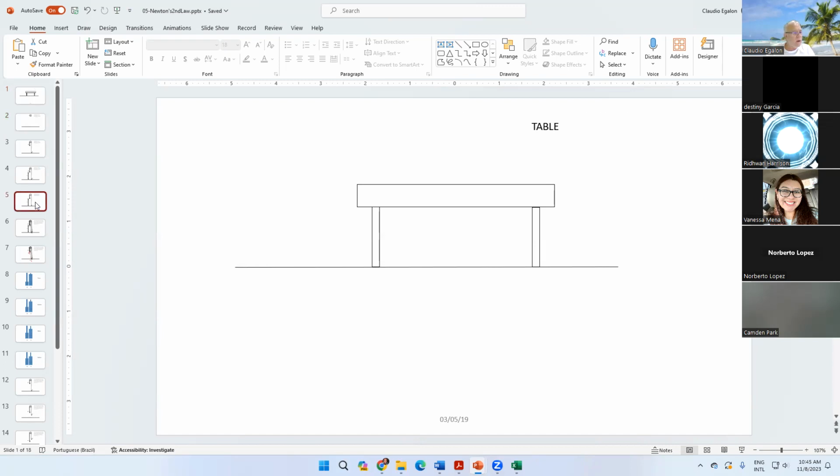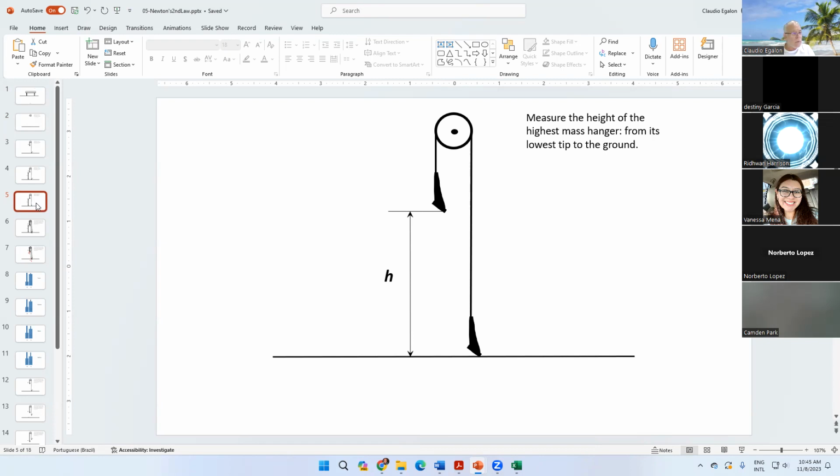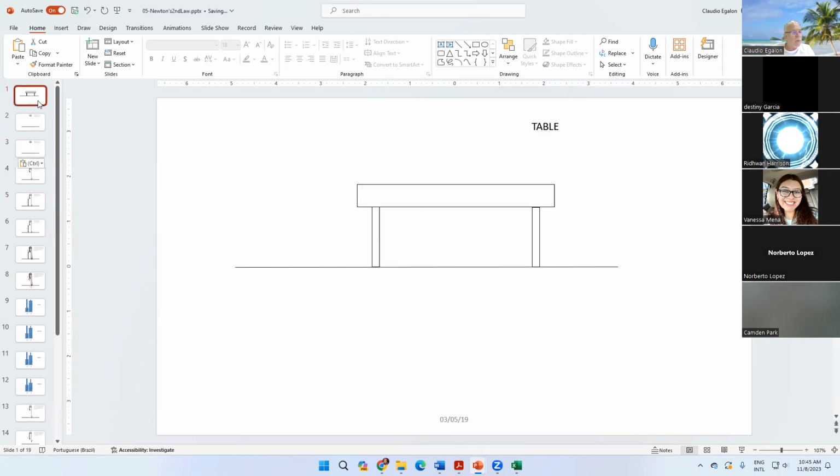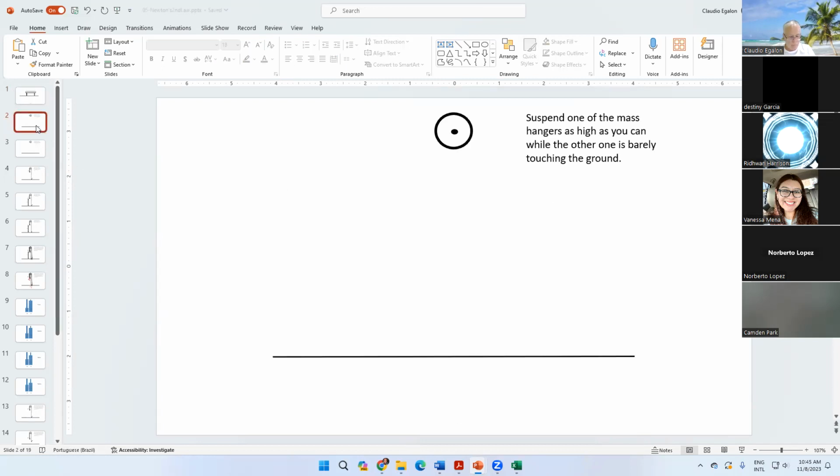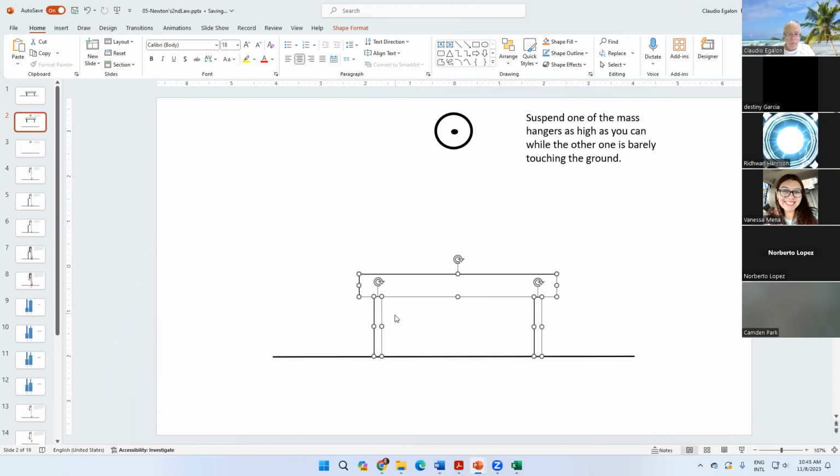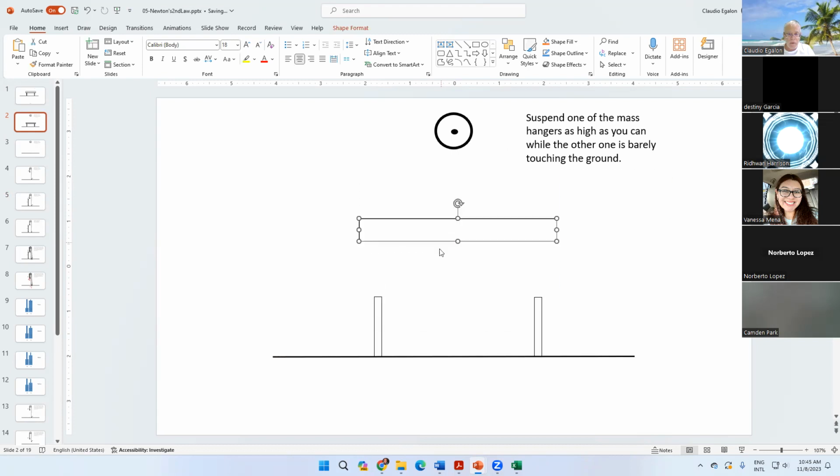I need to make this table a little bit larger, a little bit taller, legs a little bit thicker, and I want to make this line thicker.